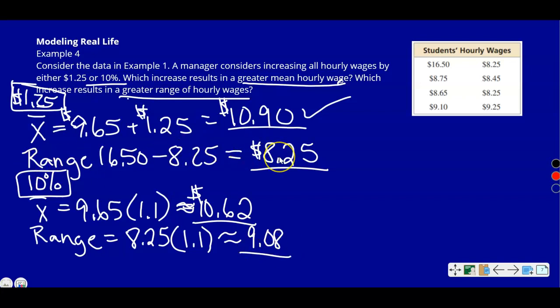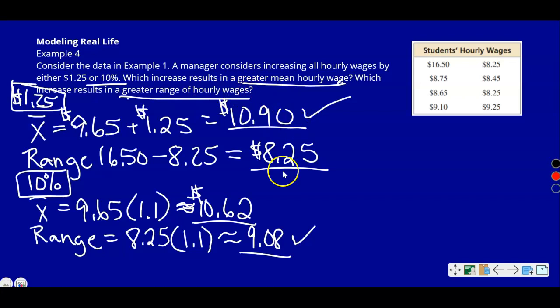So the range for the $1.25 raise would still be $8.25, and the range for the 10% raise would now be $9.08. So you can see that the 9.08 is greater than the 8.25. So the increase results in a greater range for the 10%.